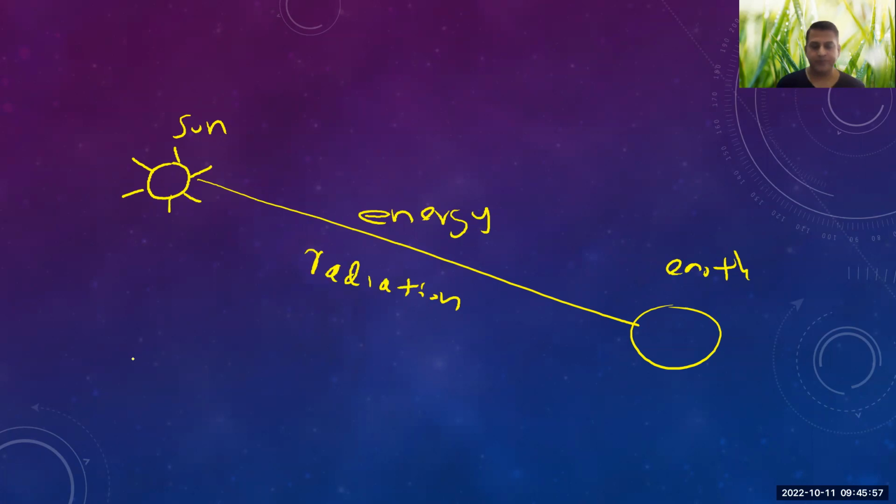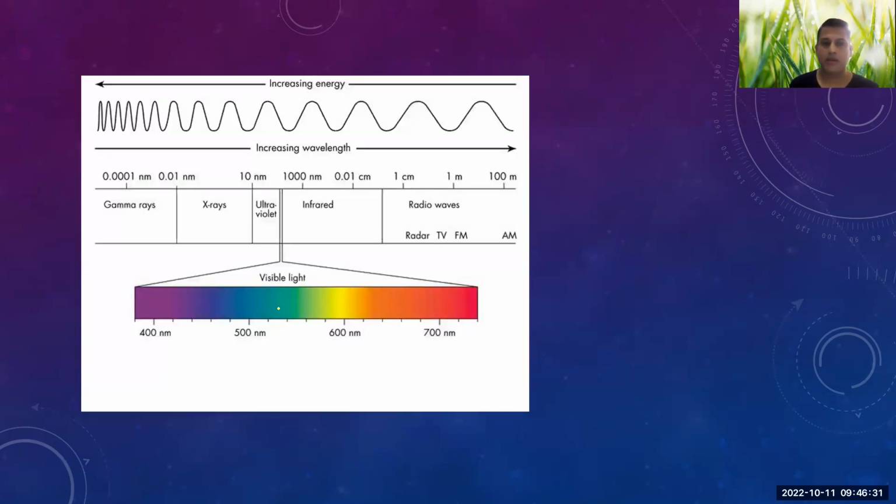Because if we look at heat as an energy, if heat needs to come to Earth, it can come through the air, it can come through a solid surface, it can come through the vacuum. Now space, we don't have air, we don't have a solid surface, it is more vacuum. So then it's coming from radiation. This energy comes as electromagnetic radiation, as waves.